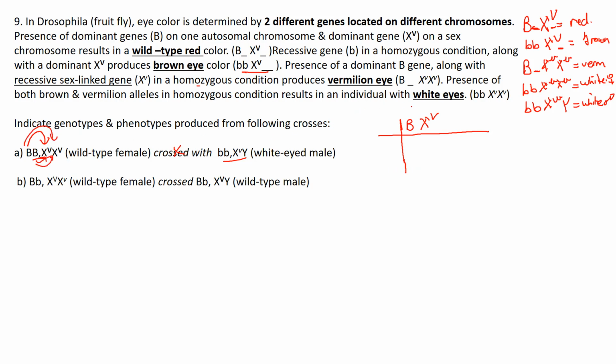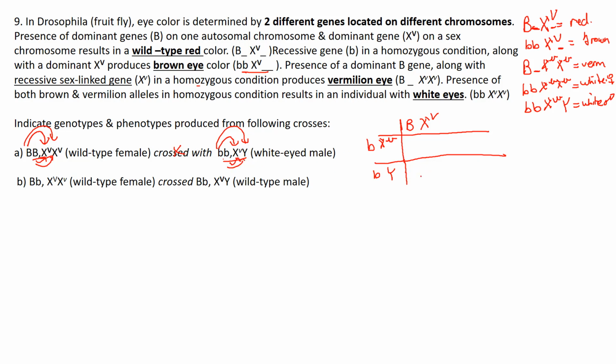So that's it for the female. Female goes on top, male goes down the side. Little b with the X with the little v, put the little hooks. And then we also have the little b with the Y. But everything else is a repeat.